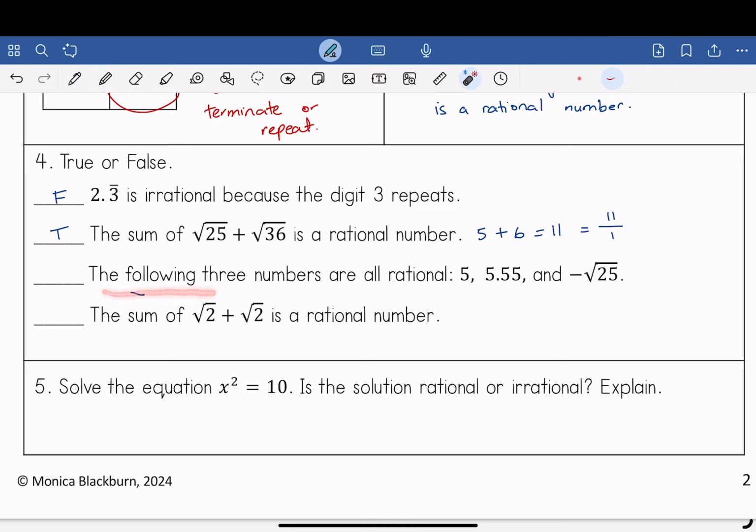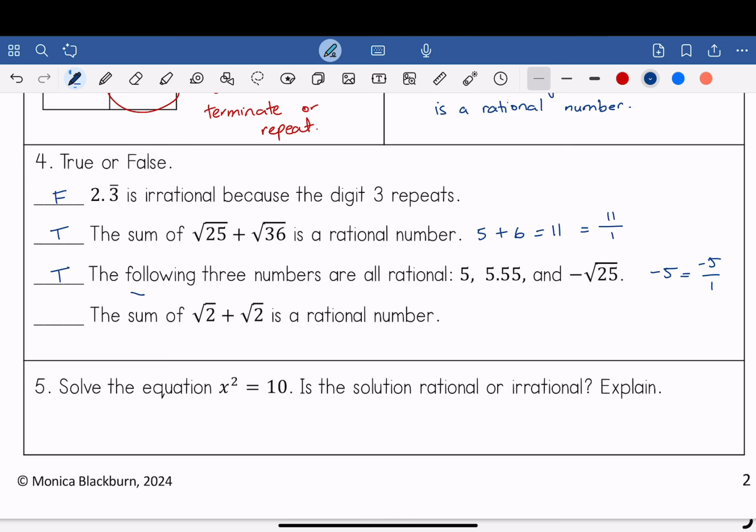The following 3 numbers are all rational: 5, 5.55, and the square root of negative 25. And the answer is yes, true, because these numbers either terminate, and the square root of negative 25 is negative 5, which can be represented as a fraction.